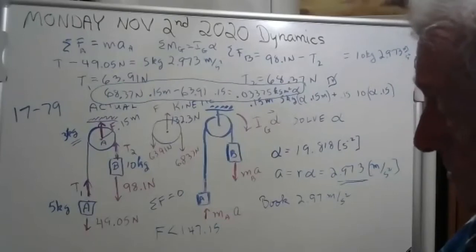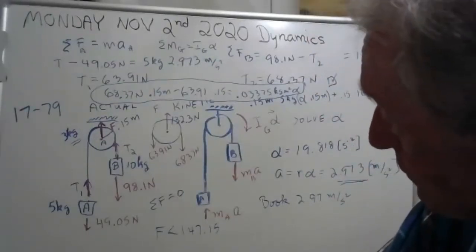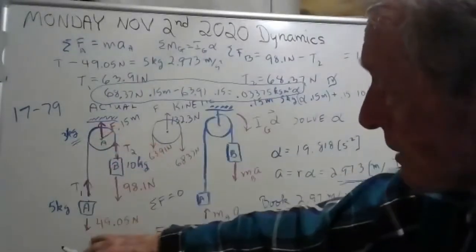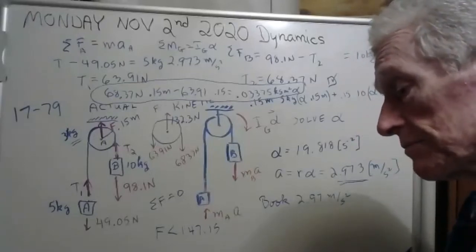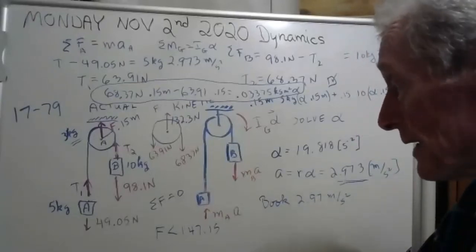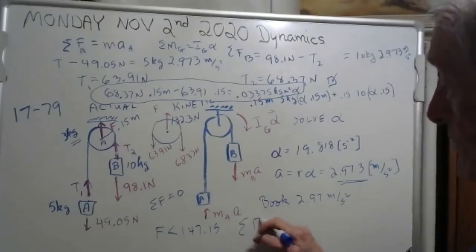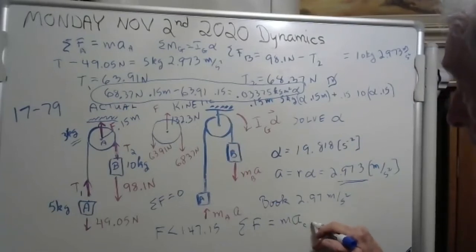Remember our 3 choices? We had, I think it was 4 students that thought that that force would equal these 2 forces. Well, it's not, it's less than. It's less than because the sum of the forces is equal to MA, where this is the center of mass.